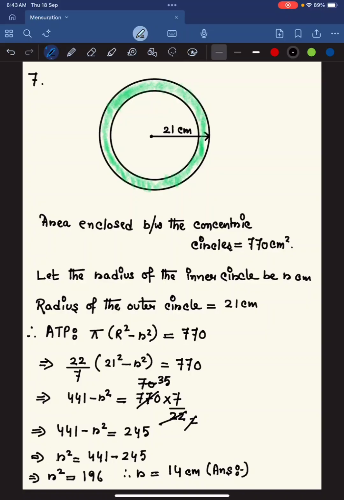Taking the minus r square to this side and the 245 to the other side, it becomes 441 minus 245 equals r square, which implies r square equals 196. Therefore r equals 14.